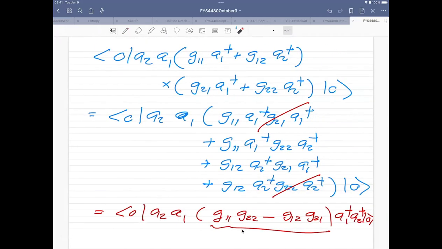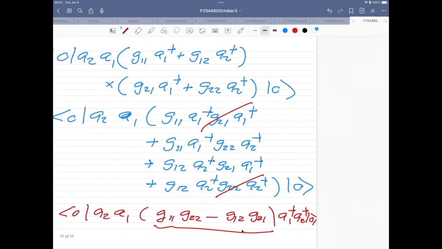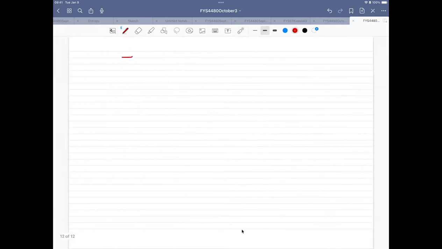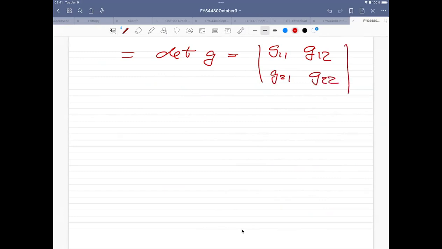So what we have here, if you now also look at the contractions, when I take this one, that obviously has to go to that one, and this one has to go to that one. So that means that when I look at it, this is simply just the determinant of G, which is the same as G11, G12, G21, and G22.